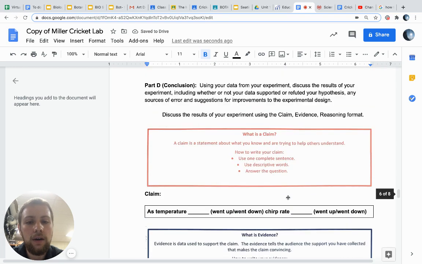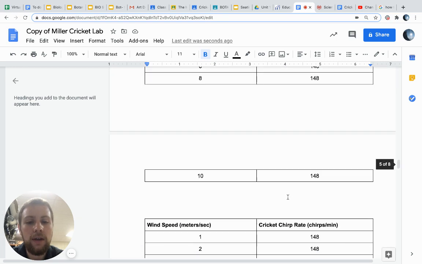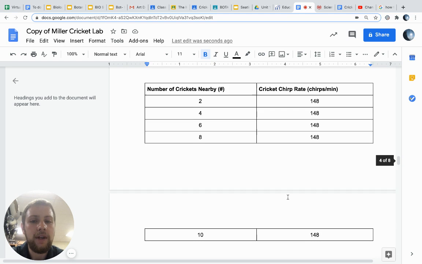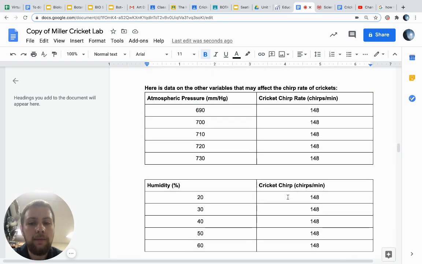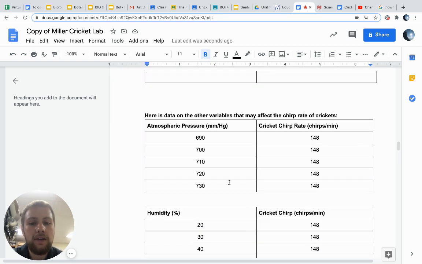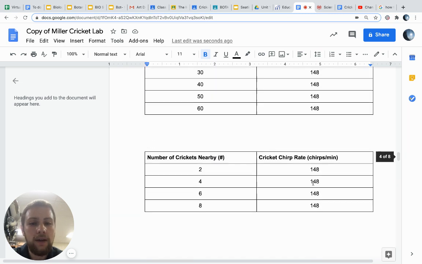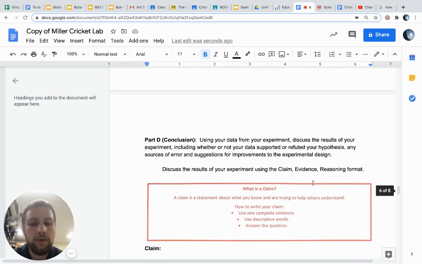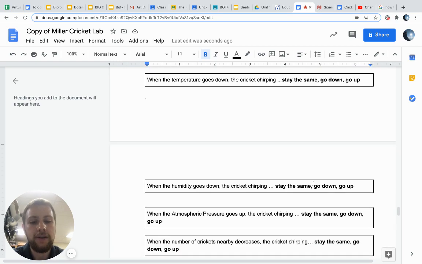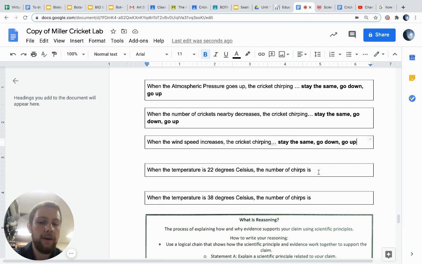You can recall in our data that you were given four of these independent variables, and we saw that as we change the values, something happens to cricket chirp rate. Go ahead and interpret those evidence responses from your actual data.